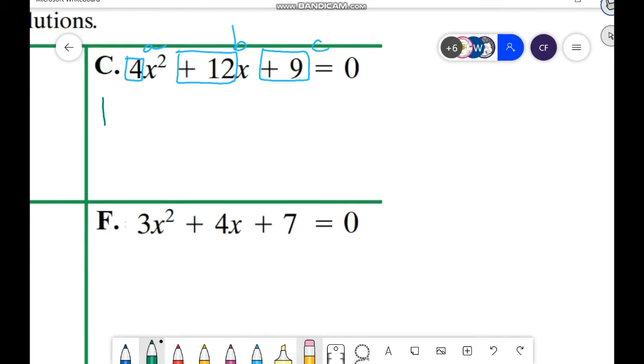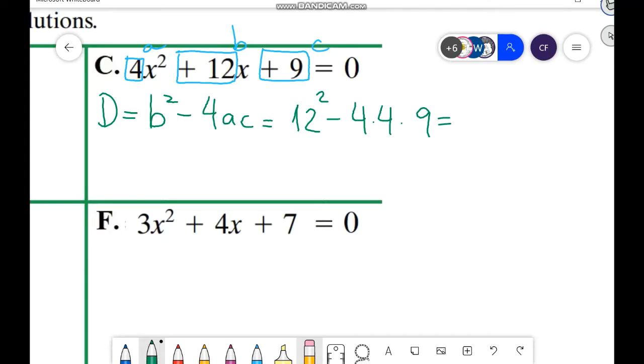Apply the formula of the discriminant. Discriminant is b squared minus 4ac, 12 squared minus 4 times 4 times 9.